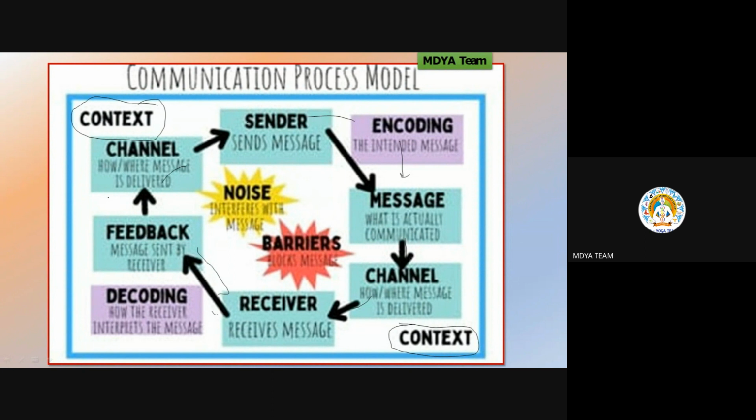It also depends on the relationship between the participants. For example, your boss or your friend: you have different relationships with these two people, and if they say something, it will have a different context. Basically, context influences the meaning and how you interpret a message, how you take that message.